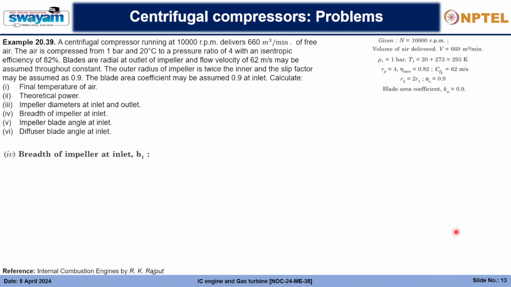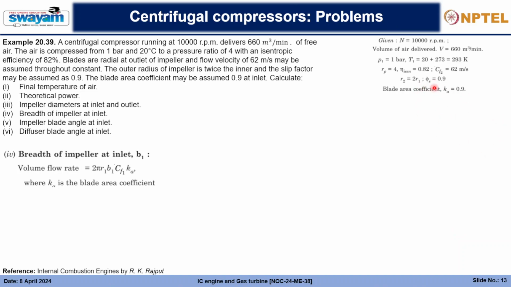Next, we solve for the breadth of impeller at inlet, B1. For breadth at inlet, we have to consider mass continuity, and for that we calculate the volume flow rate first. It is pi d1 B1 CF1 K, from where B1 is unknown, and K is the blade area coefficient, which we are given to be 0.9.